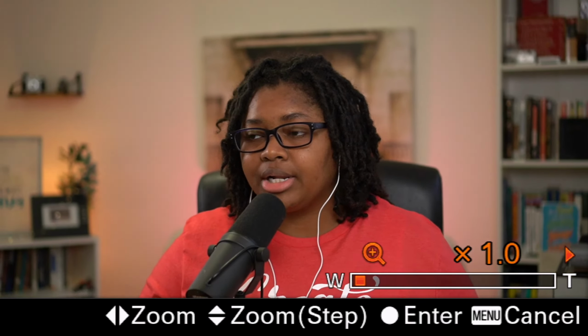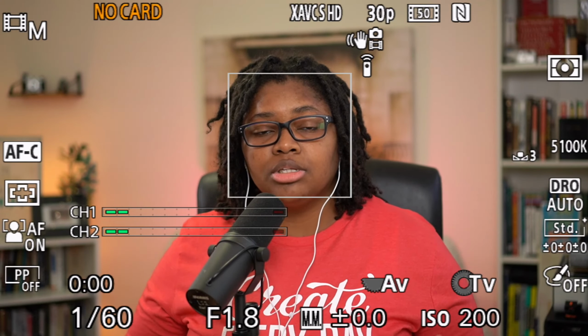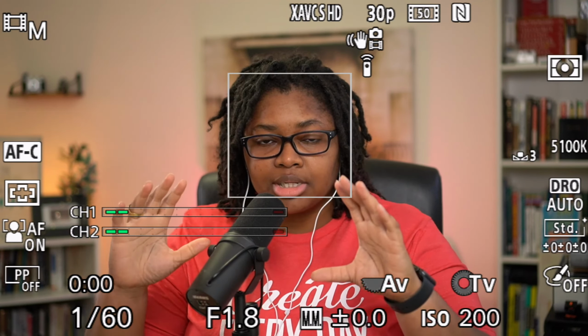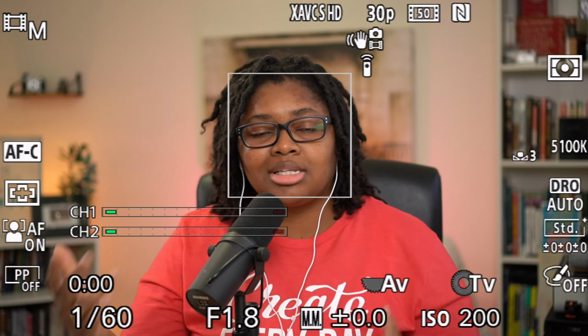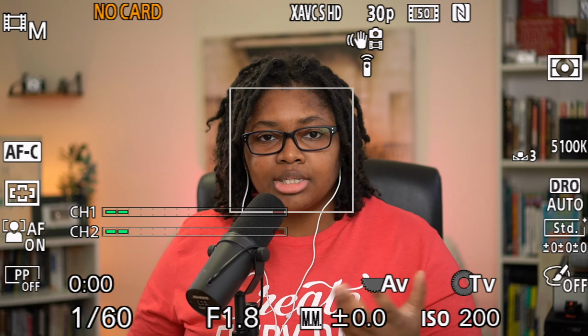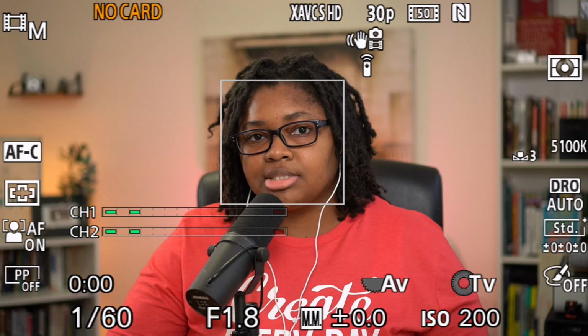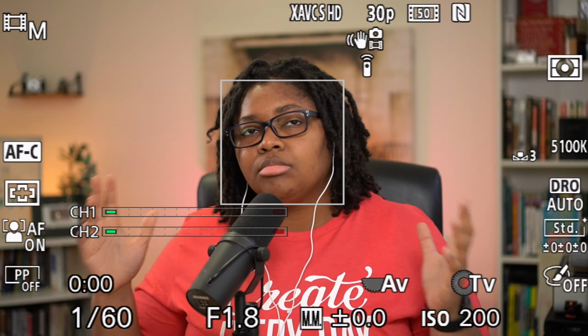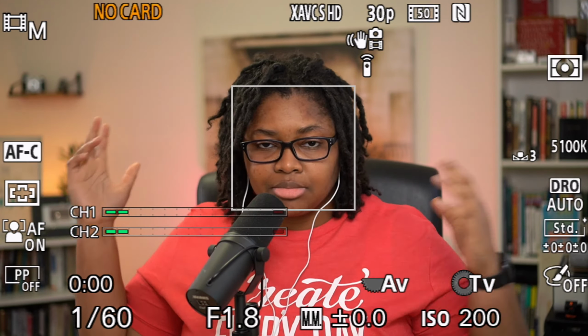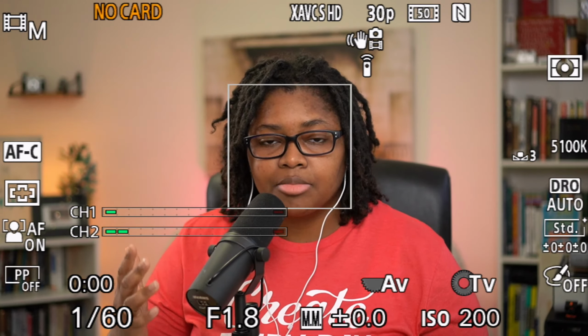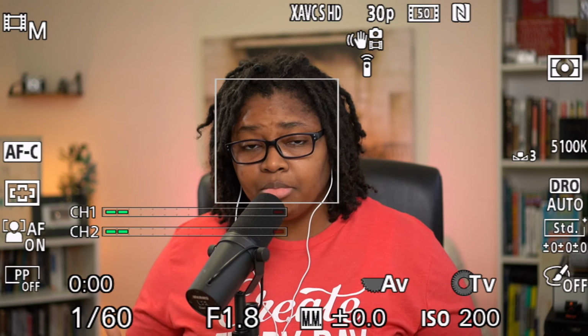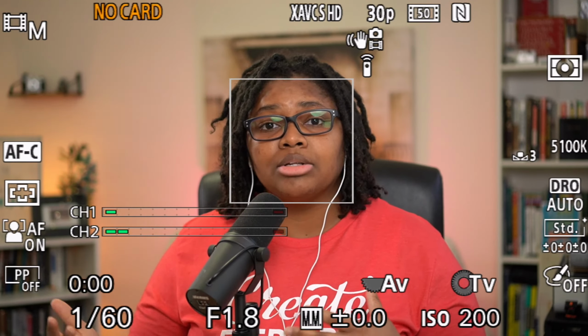But this is already APS-C, so this is what it truly looks like. You'd see a little bit less. It'll be a whole different framing, but essentially the example is the same. That's why the crop factor matters when you're looking at a camera.